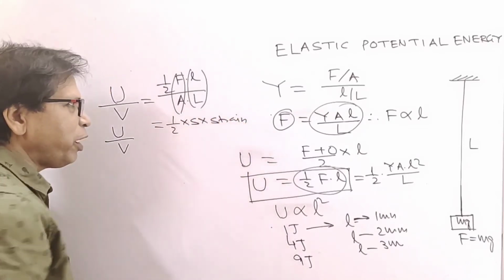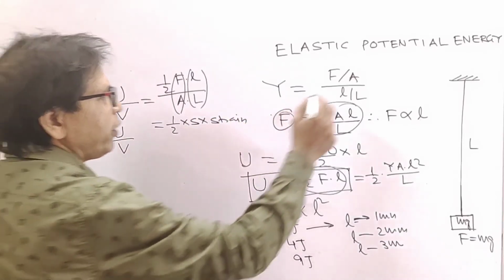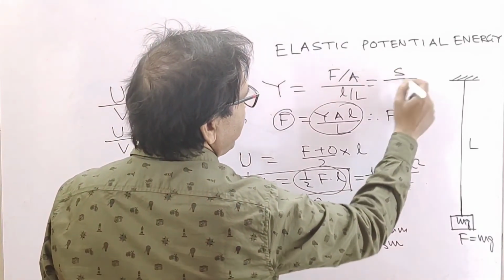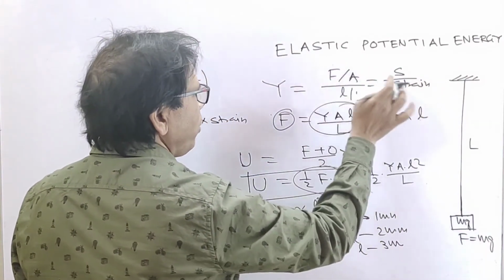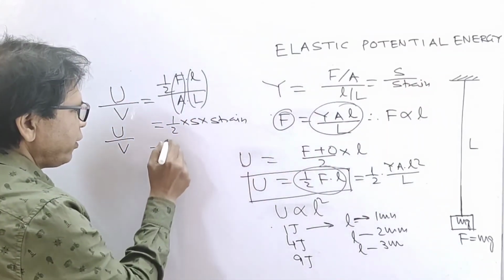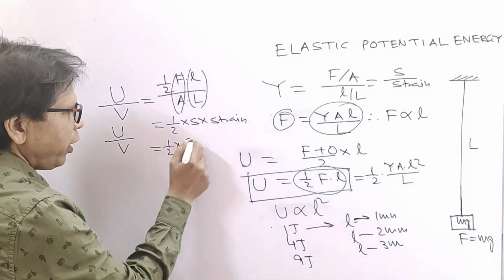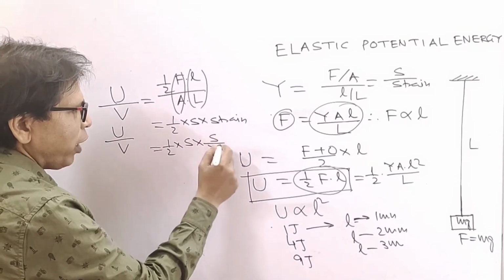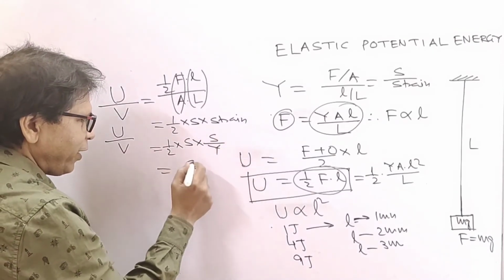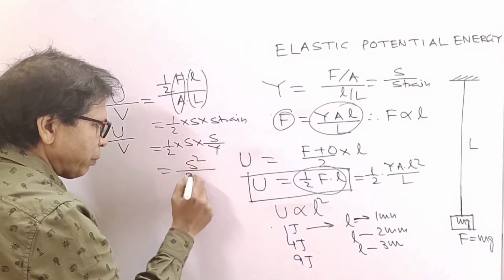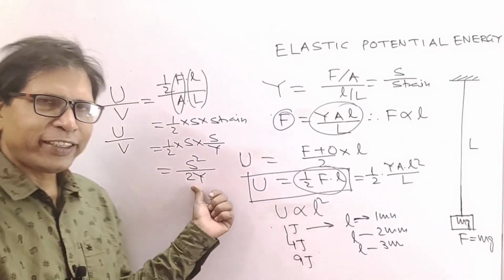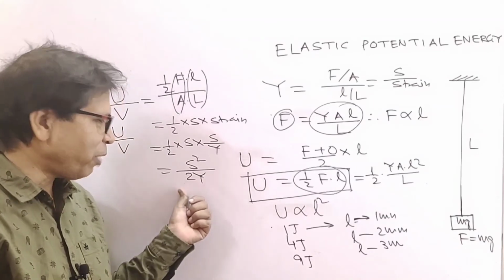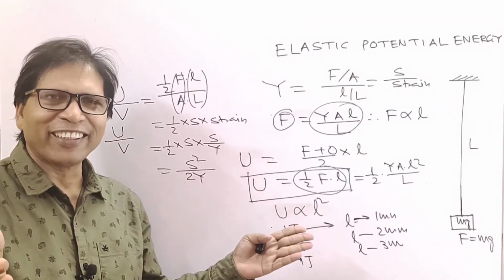Now strain can be replaced by stress by Y. So this is half into S by Y. The energy density can also be expressed as S square by 2Y, that is stress square divided by 2 into Young modulus.